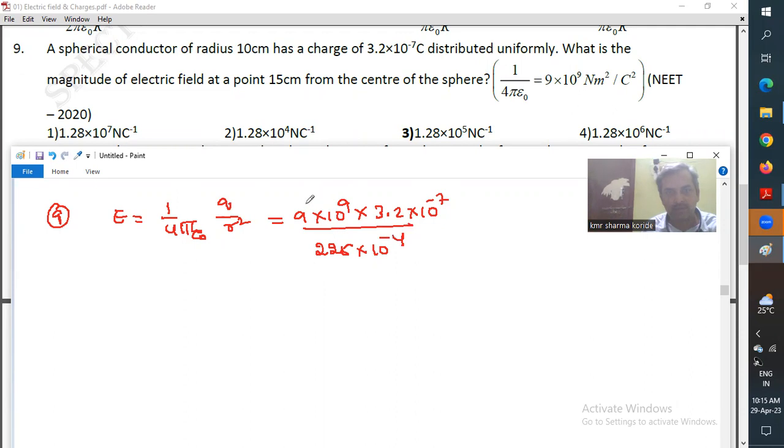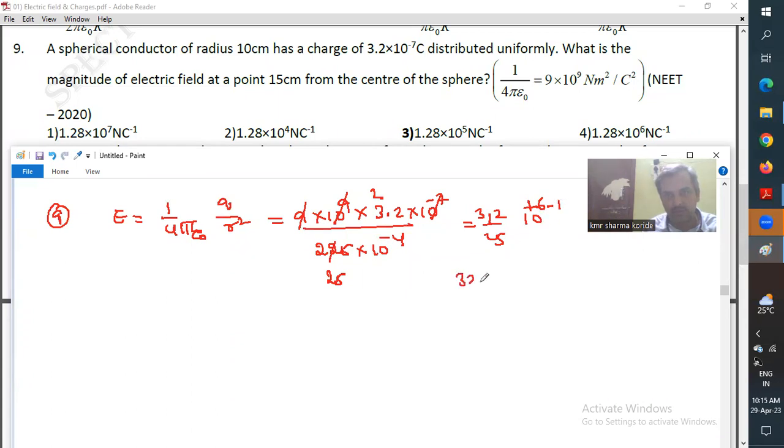So therefore, this is 25 times 9, and this is 2 times. So it will be 10 to the power of minus 6 with 3.2 by 25. Therefore, roughly you make it 32 by 25 with 10 to the power of minus 1 and plus 6, so 10 to the power of 5.